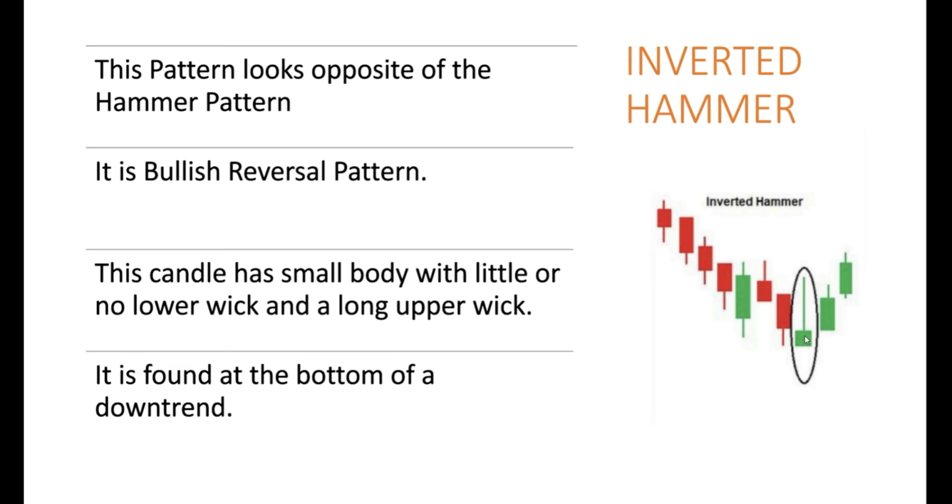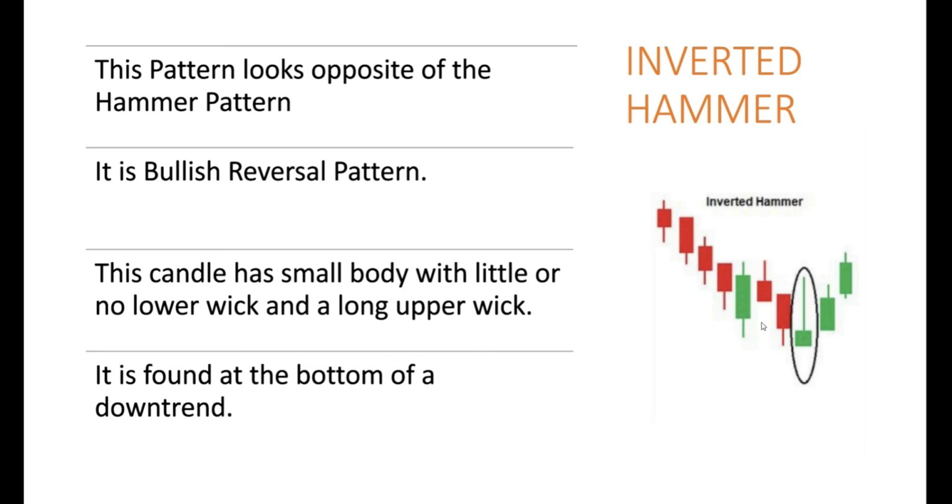Here again the color of the candle doesn't matter, but if it is a green candle, it gives you more bullishness. Usually this pattern predicts that the buyers are pushing the prices upside and indicating a trend reversal. That is why it looks opposite of a hammer, and it's a bullish reversal pattern.